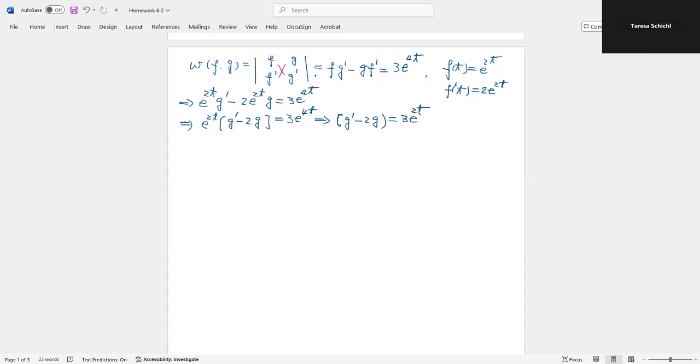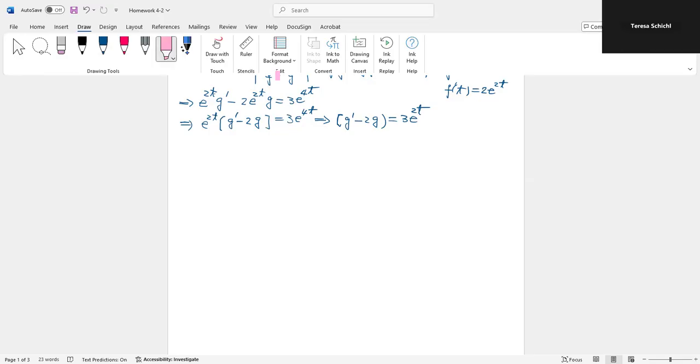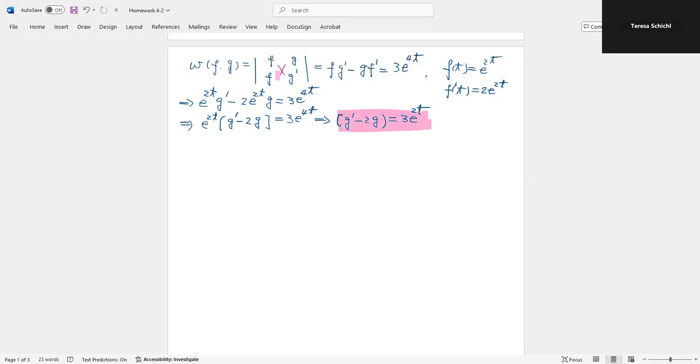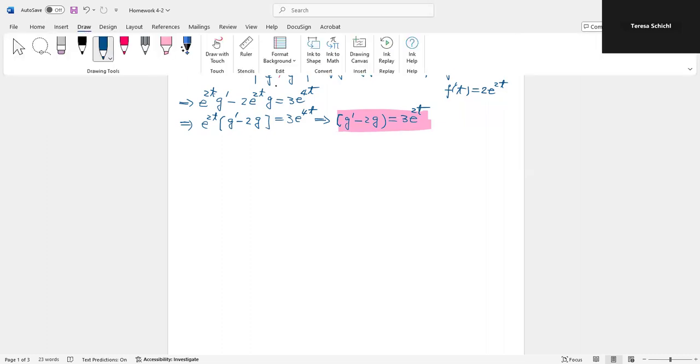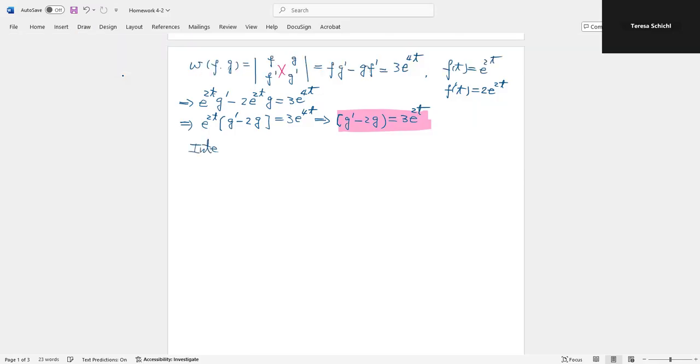Very good. Now I'm going to highlight this one because later I'm going to substitute back. If you take a look, now we want to solve for g, and really this is just a simple first order differential equation. So what do we need to do here? We find the integrating factor.